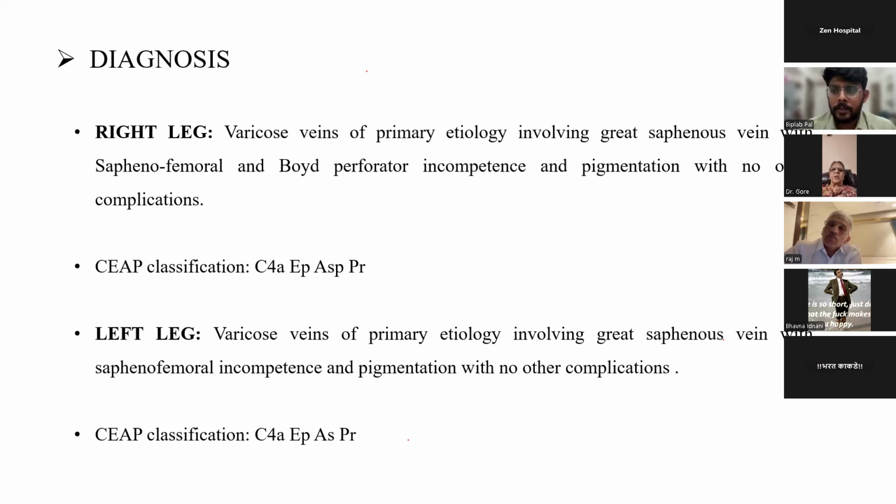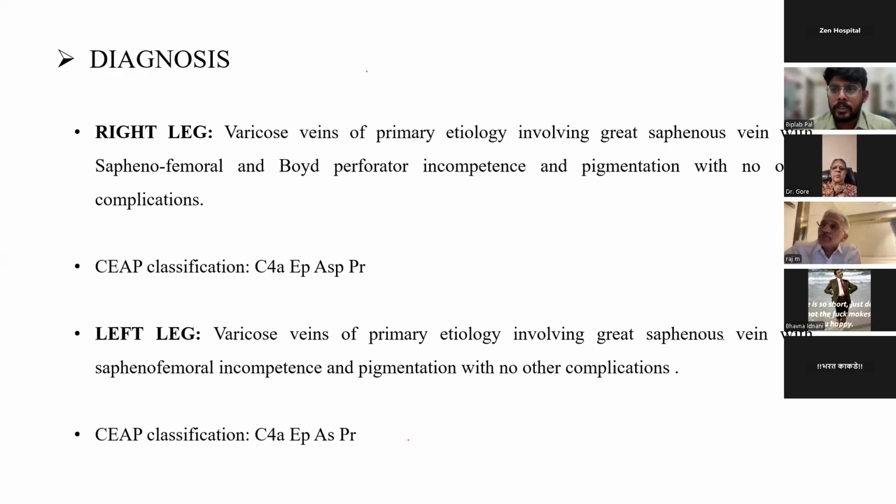So C4 includes skin changes. And skin changes include? Ma'am, pigmentation and eczema. Pigmentation, eczema, what else? Lipodermatosclerosis and corona phlebectatica. Can you explain the terms? What is lipodermatosclerosis? Lipodermatosclerosis is due to chronic inflammation and fibrosis of the skin and subcutaneous tissue.